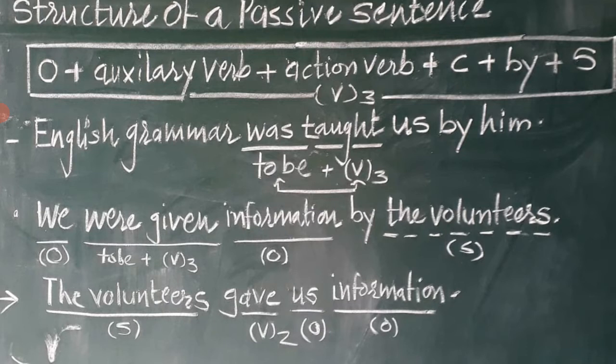So, it is but obvious that the given sentence is in simple past tense. So, S plus V2, that must be the structure. That is why the volunteers gave, afterwards we is converted into us, and one more object, that is information, is kept afterwards. You could put it in either way, like the volunteers gave information to us, or the volunteers gave us information. Both ways the sentence is correct.